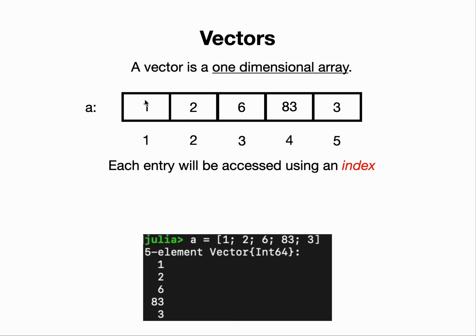On this line here, you see the vector itself that contains the numbers, and on the line below, you see the index. So in position 1 of the vector A, there is the information 1. On position 2 of vector A, there is information 2. On position 3, there is the information 6. On position 4, 83, and position 5, 3. This is our vector.